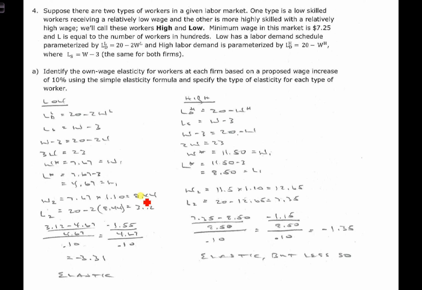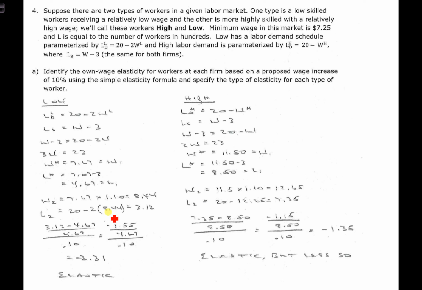And then to identify L2, or the number of workers that would be employed at that wage, we're simply going to take that 8.44 W and substitute it into the labor demand equation for low, and we find that the number of workers, or L2, becomes 3.12. So W1 and L1 are 7.67 and 4.67. W2 and L2 are 8.44 and 3.12. We've done the exact same thing for high, and we've learned for high that W2 is 12.65, L2 is 7.35.